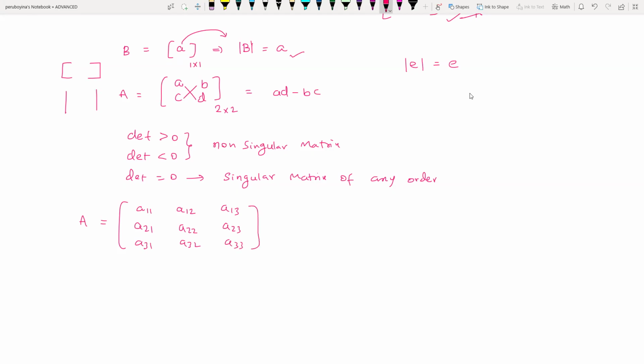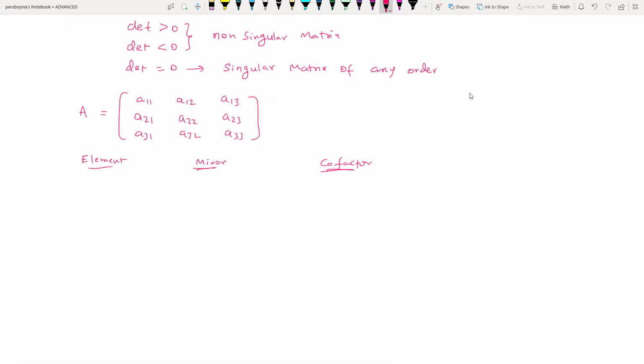The most important thing is that you have to know what is an element, what is a minor, and what is a cofactor. These things you must know. So the element will be A11. An entry of the matrix is called an element. So we have several elements.